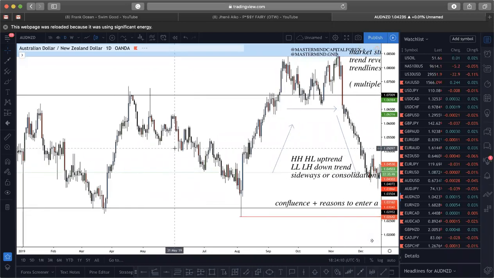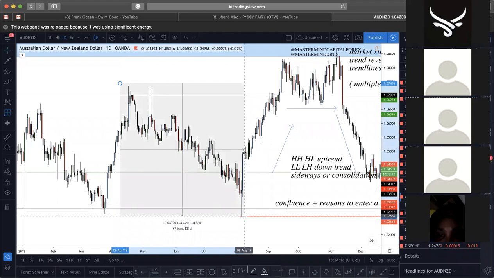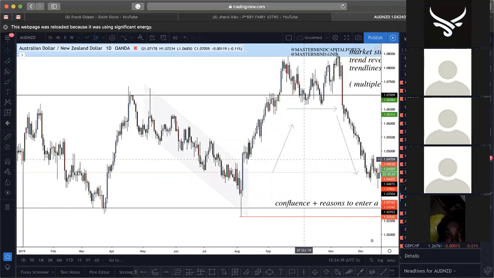So, here we have an example of a downtrend, right? This is an example of a downtrend right here. Let me get the tool to highlight this. This is an example of a downtrend, right? How do you take advantage of this downtrend? Well, there are two ways, right?